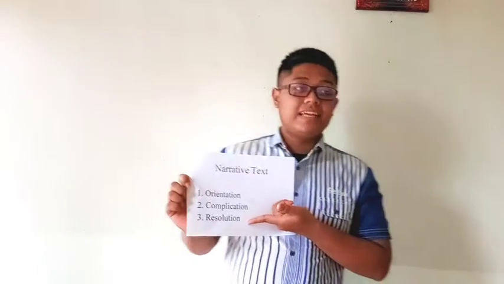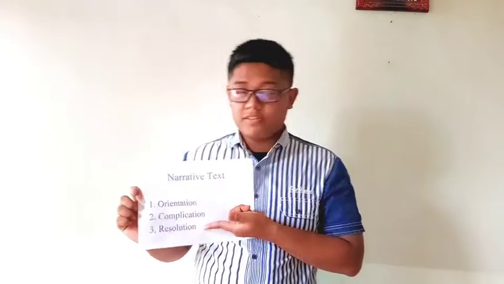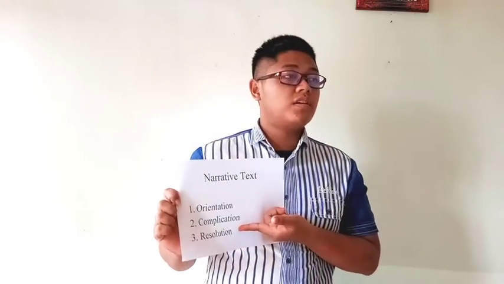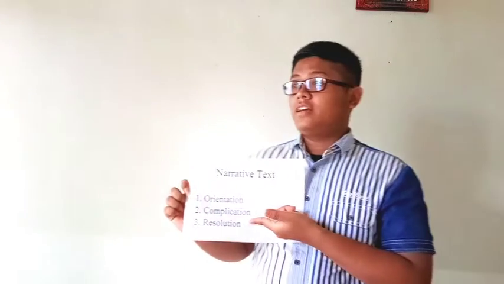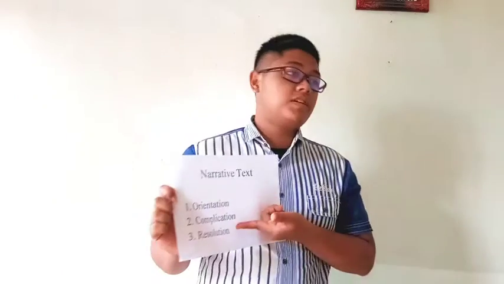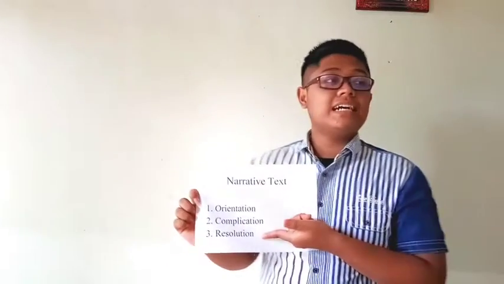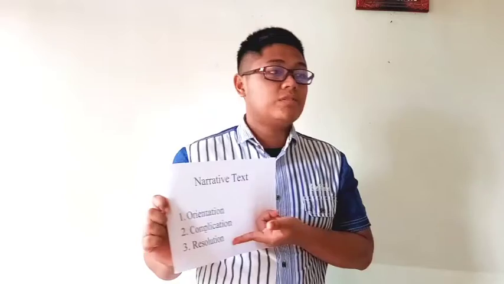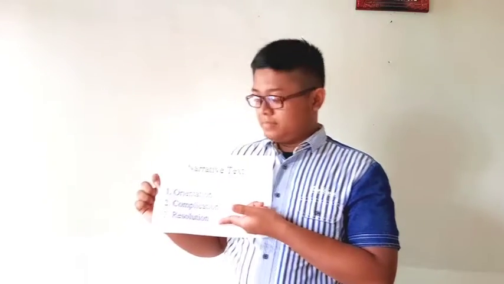And the last part is the resolution. It contains the conclusion, the solution, the problem that's solved, and there is a moral value of the story. Jadi di sini isinya solusi di setiap masalahnya. Intinya masalahnya sudah teratasi dan di sanalah letak pesan moralnya.